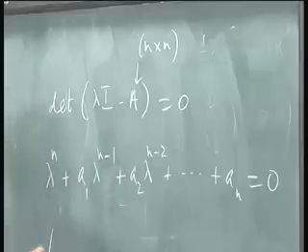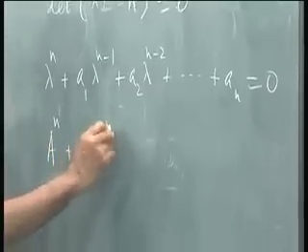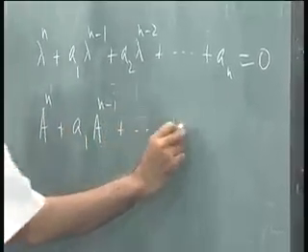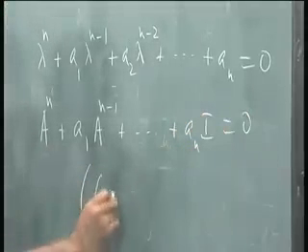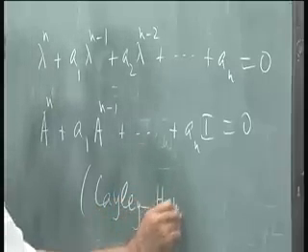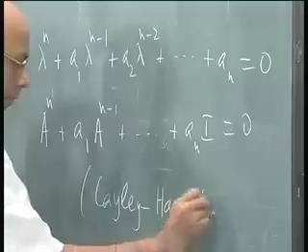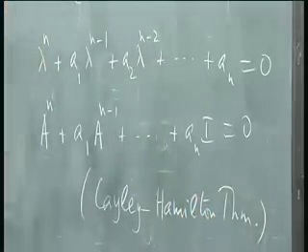In other words, you are guaranteed that A to the n plus A1 A to the n minus 1 plus and so on, plus An I equal to 0. The statement is every matrix satisfies its own characteristic equation.